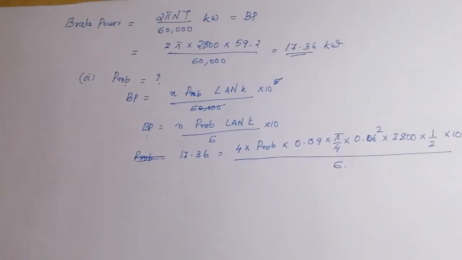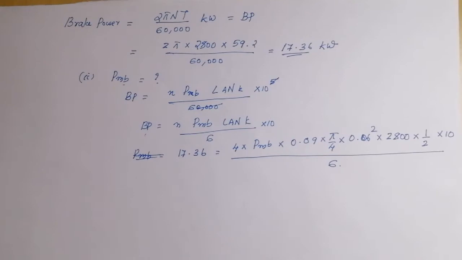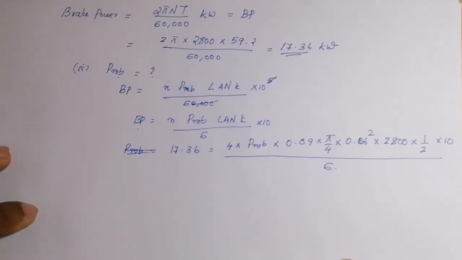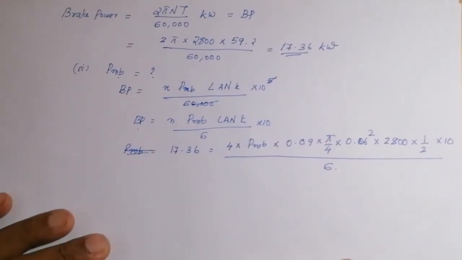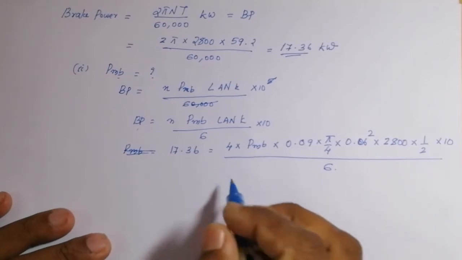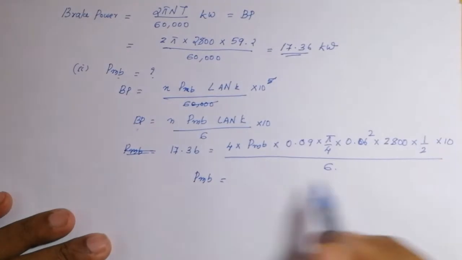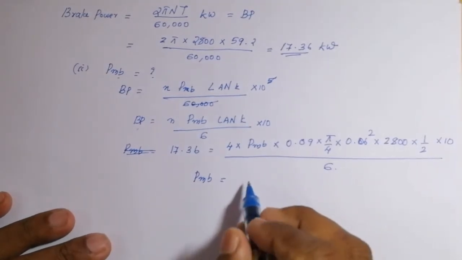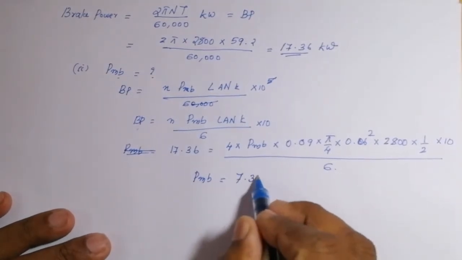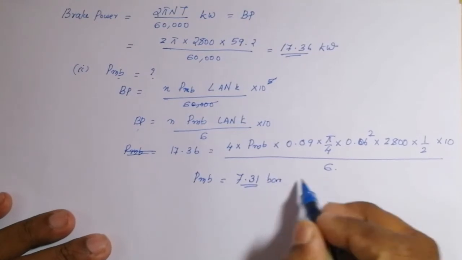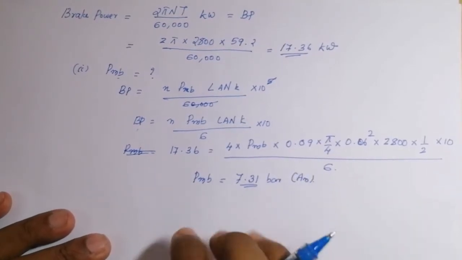Okay, so from this we can find out the brake mean effective pressure. When we solve this equation we will get it as 7.31 bar. So this is the answer, second answer.